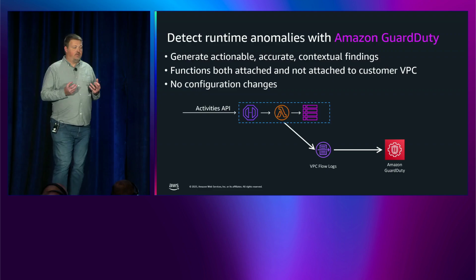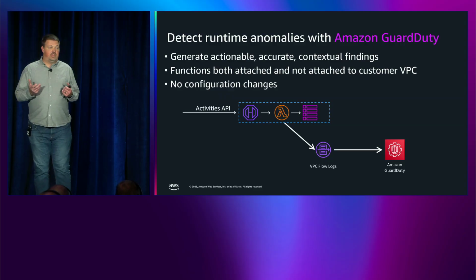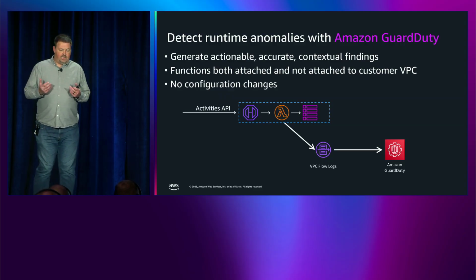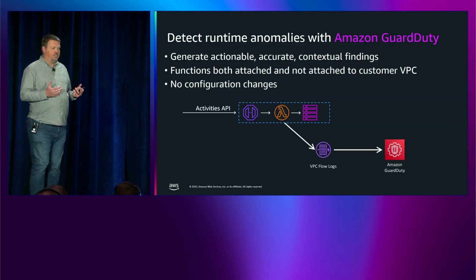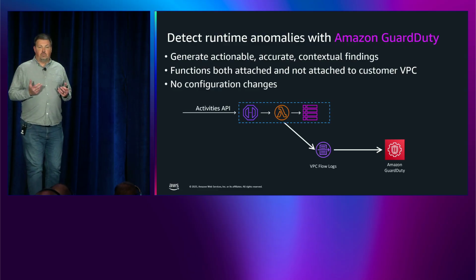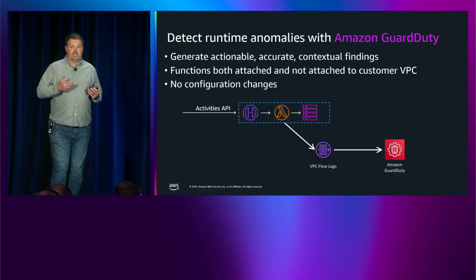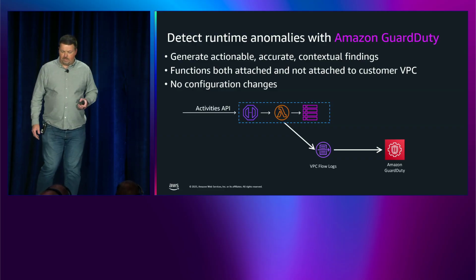In this case, you might want to look for application anomalies to detect that. At runtime, Amazon GuardDuty can look at your VPC flow logs as a way to detect any anomalies happening in your application because something was missed earlier on.